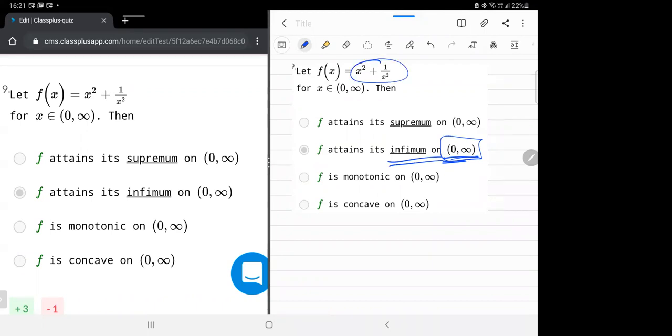By your logic, none of these options can be correct, right? If you interpret the question to mean that all points on 0 to infinity are infimum, then none of the options are correct. That cannot happen, one of the options has to be correct, so you cannot go ahead with that interpretation.